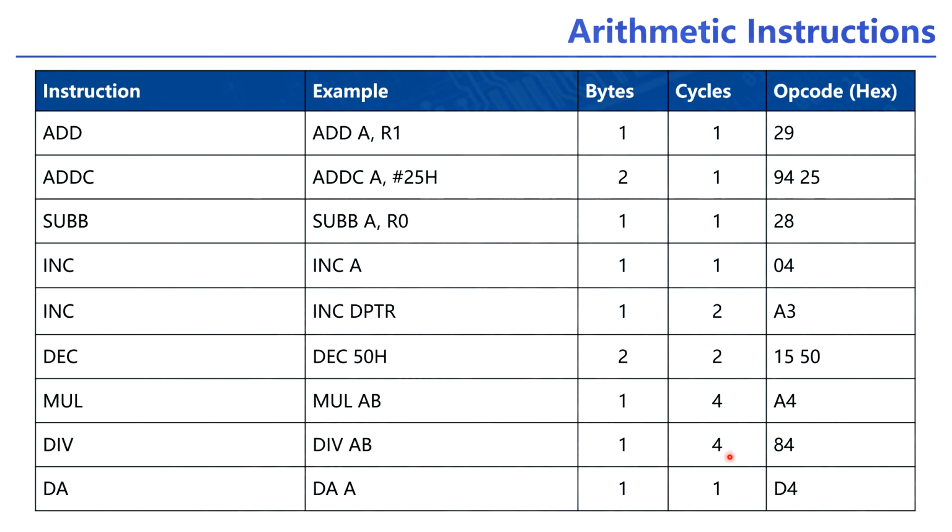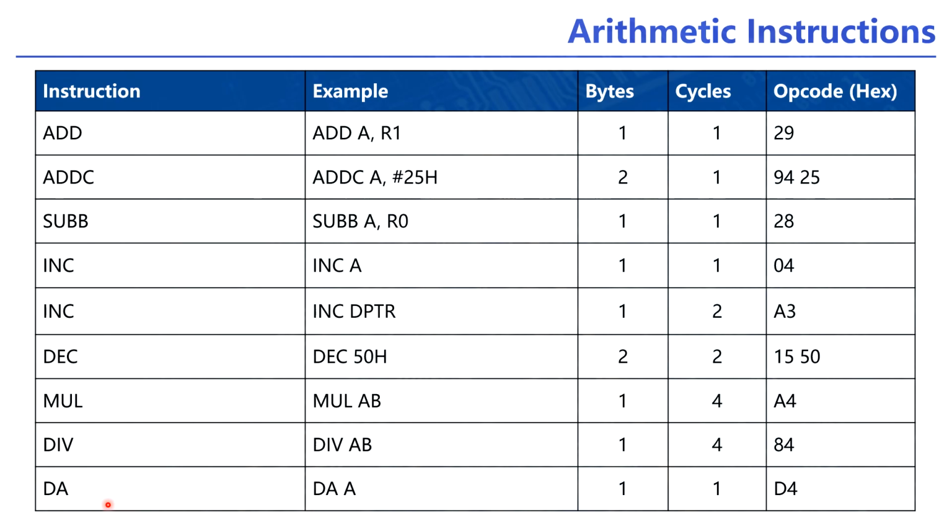So we can say 4 cycles are required for execution of this instruction. Remember? Okay. The opcode number is A84H, right? You can use this opcode also for execution of this instruction.